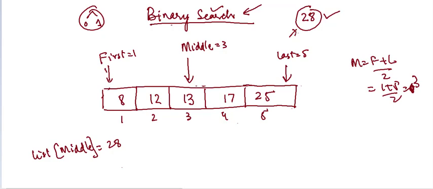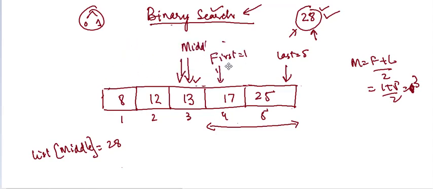And we can also see that 28 is greater than 13, which means that we should look for 28 in the upper half of the array. Now that we have checked this element out, we need to move our first to a new location, right here, beyond this point.